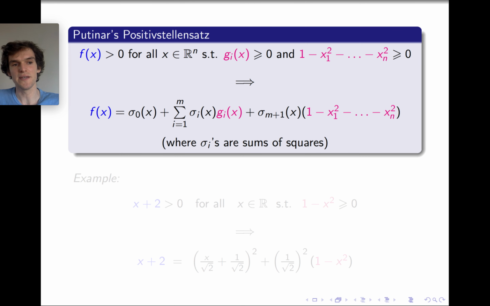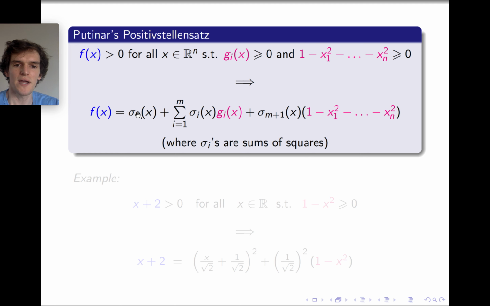And so we have this very deep result that was proven almost 3 decades ago, called Putinar's Positivstellensatz. What it says is that if you have a multivariate polynomial that is positive for all x such that these polynomial inequalities are satisfied and a ball constraint is satisfied, then you can write f as a weighted sum where the weights have a very specific structure.